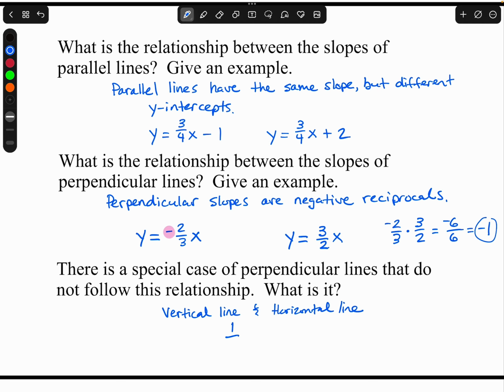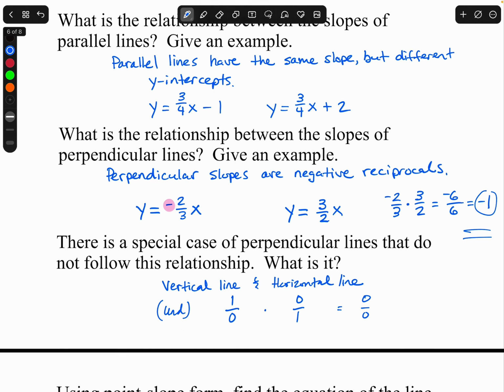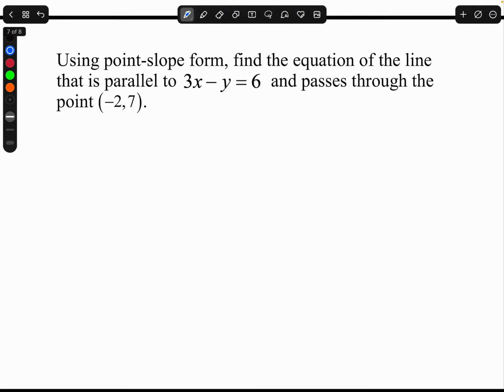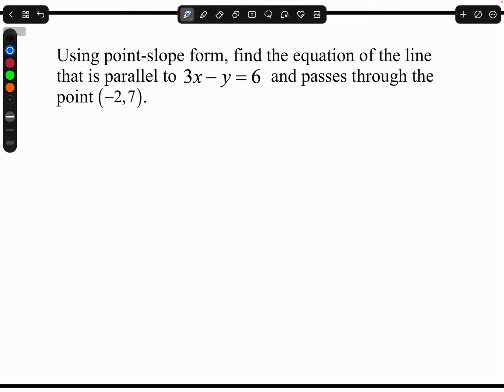If you think about it, a vertical line could have a slope that would be something like, we'll just say 1/0, because it's going to rise but not run. Remember, this is undefined. We don't really write it that way. And a horizontal line would be something like 0/1. Well, if we multiply those together, we don't get -1. We get 0/0, which isn't going to follow suit with the rest of the perpendiculars.